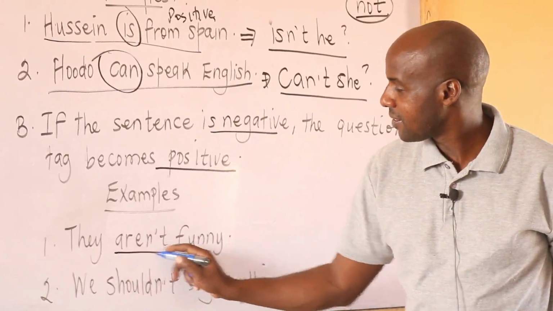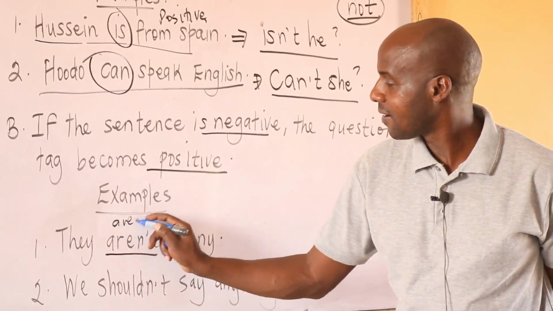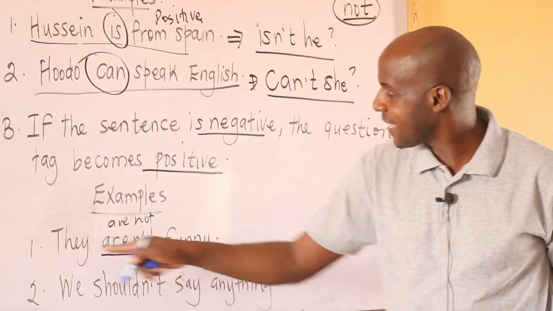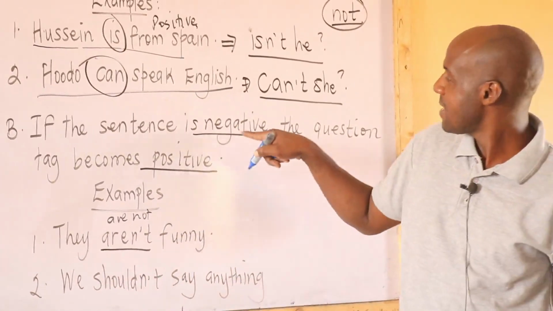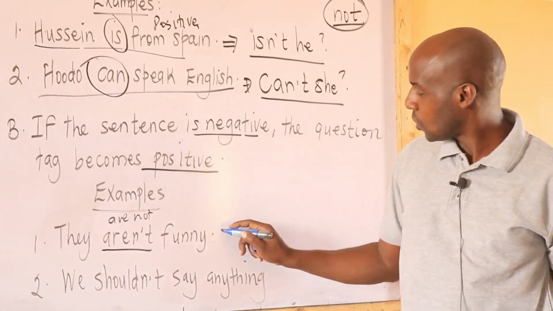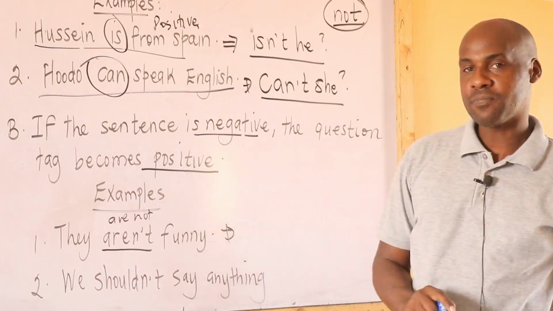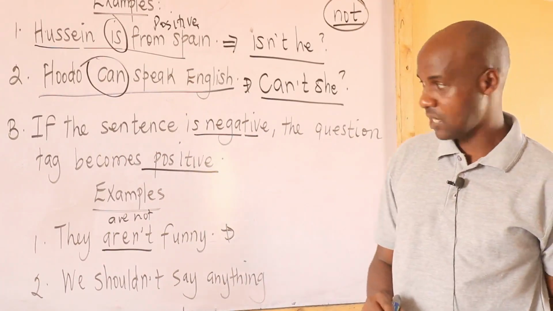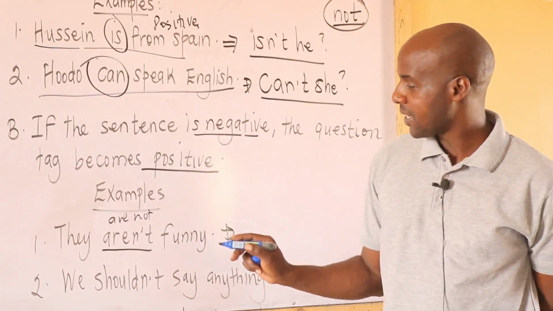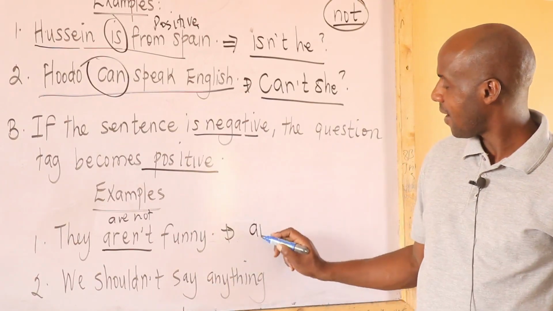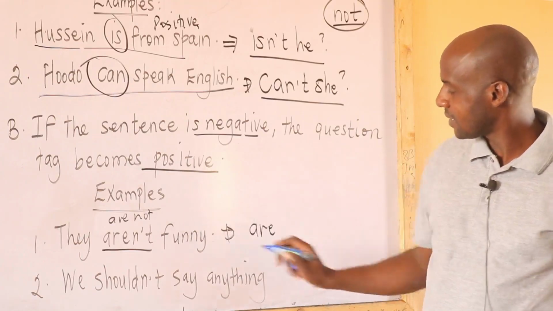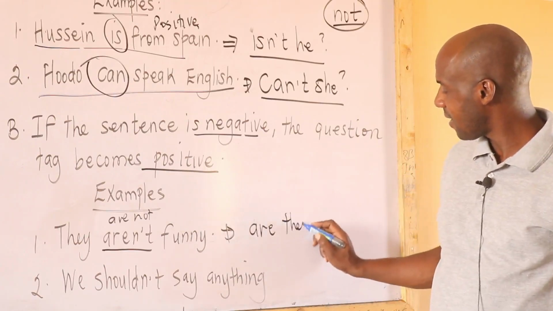This one means they are not. So this sentence is in negative form. So the question tag must be in positive form. And we use the auxiliary verb are. So we say are, then the subject they. Are they?